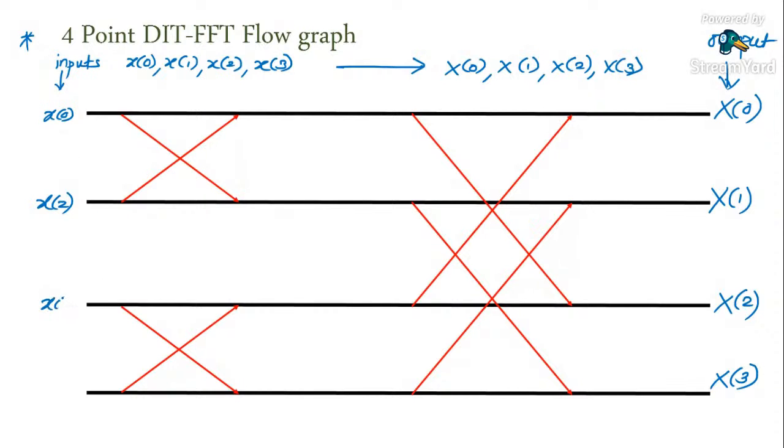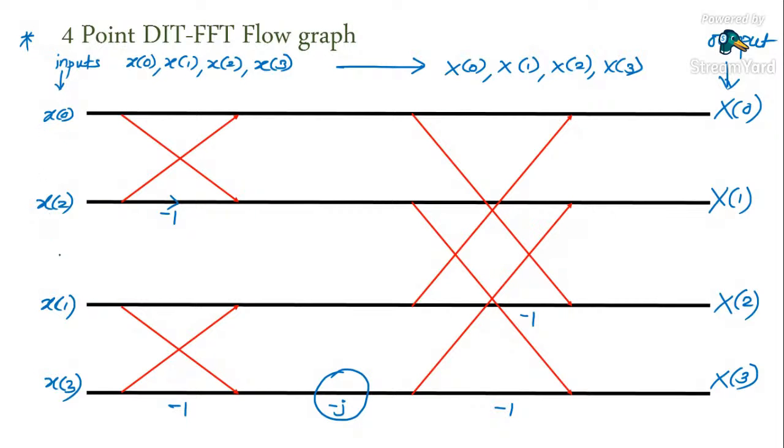Then x of 1 and x of 3. Understood? So you must remember this flow graph, and this is nothing but -1. This is -1. Here is the -1. Here is the -1. And here you have to multiply by -j. So this is nothing but the 4-point DIT FFT flow graph.